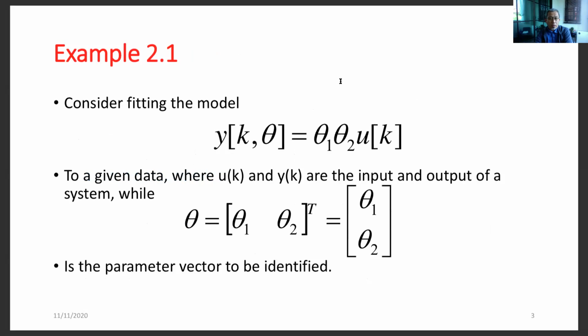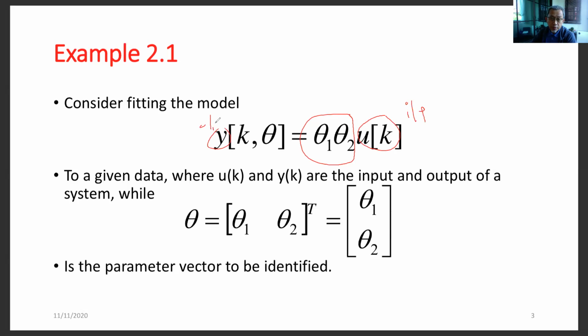So I'll give you an example. In this example, you are given y(k) equal to theta transpose, theta equal to theta 1, theta 2, times u(k), where theta 1 is the parameter under identification. u is the input, while y is the output.